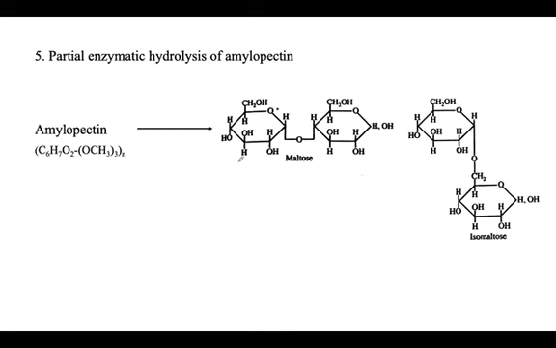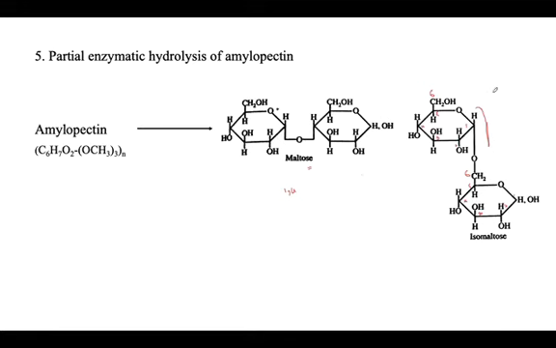When partial enzymatic hydrolysis was done, one was maltose, which shows a 1,4 linkage, and the second was isomaltose, which shows the 1,6 linkage.